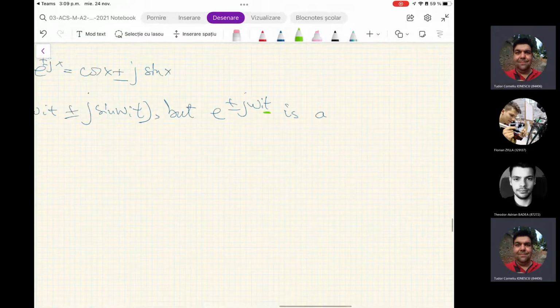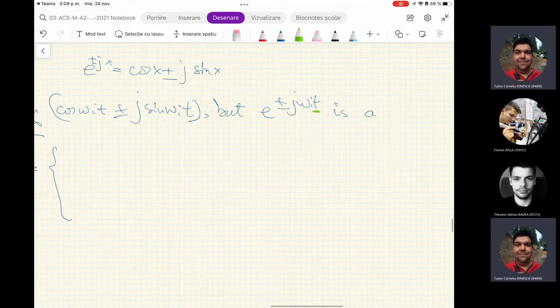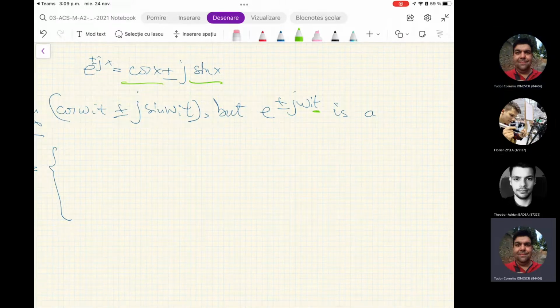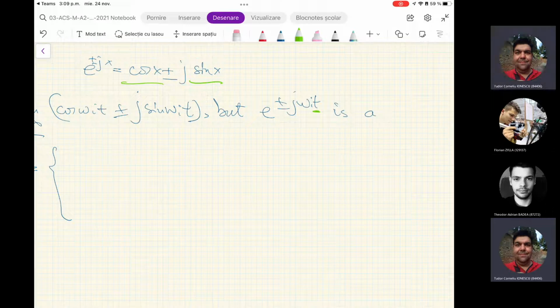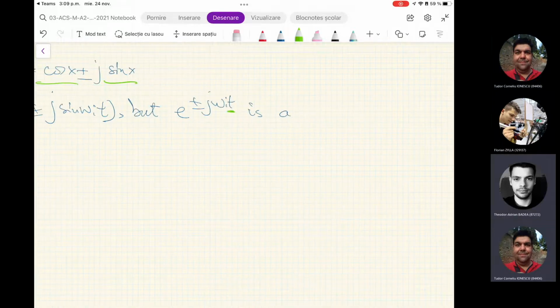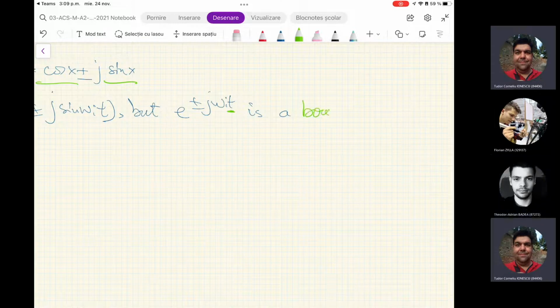How's the function, since it contains cosine and sine? There is no limit, but the function can always take values between -1 and 1. Bounded function, exactly. It's a bounded function.